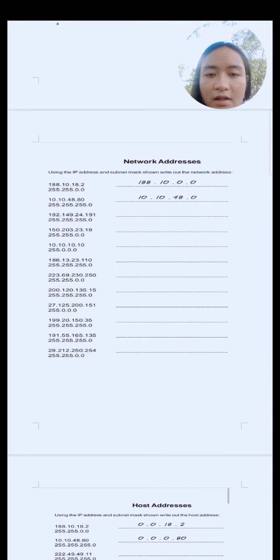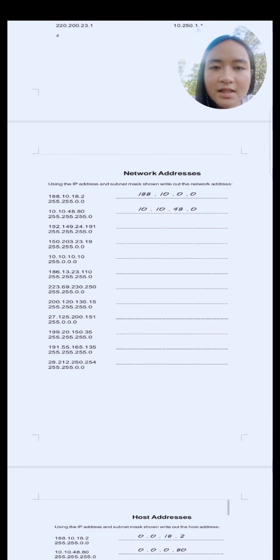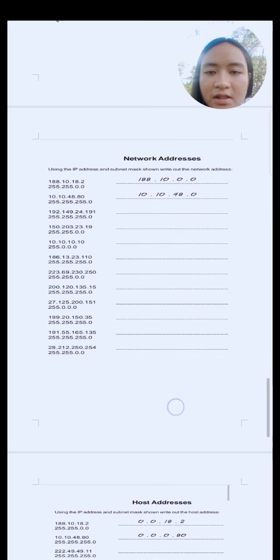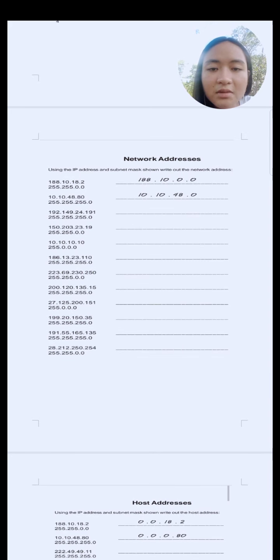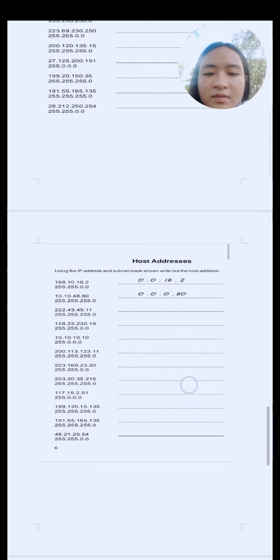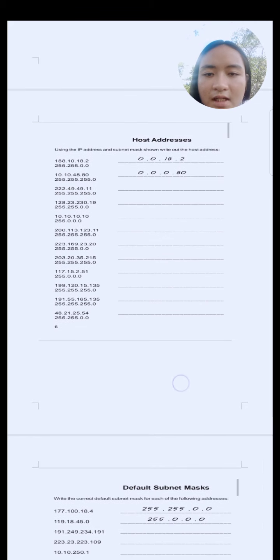And then let's proceed to network addresses. Using the IP address and subnet mask shown, write out the network address. So we have here the example 188.10.18.2. Its network address is 188.10.0.0, and so on. So let's proceed to host addresses. Using the IP address and subnet mask shown, write out the host address.